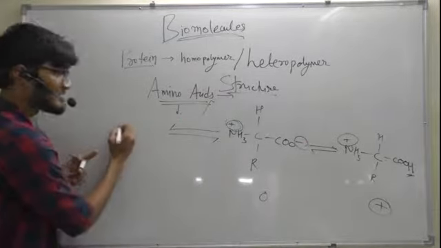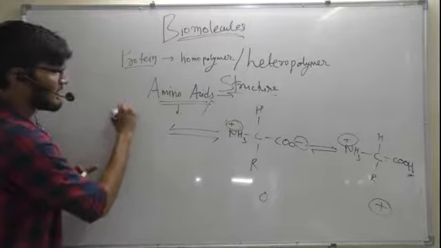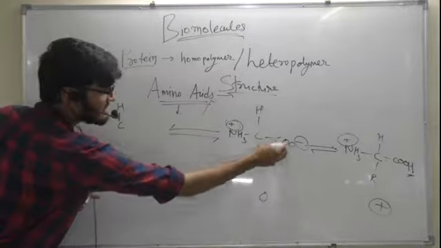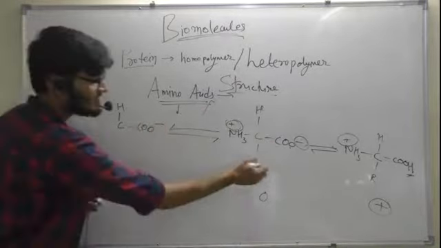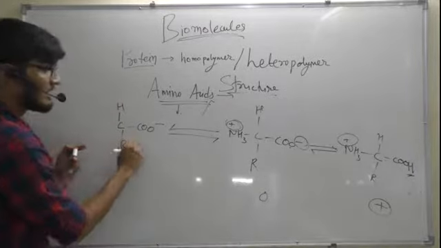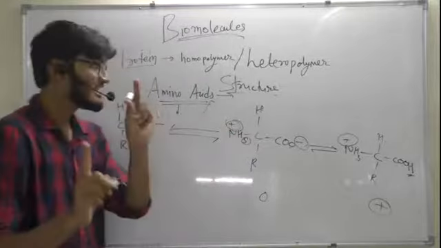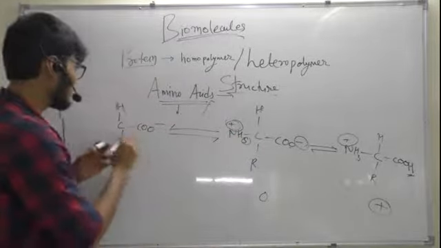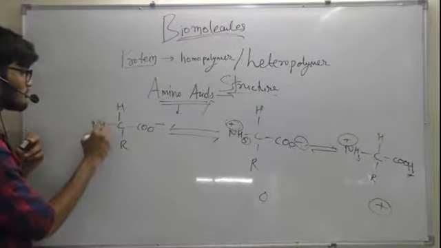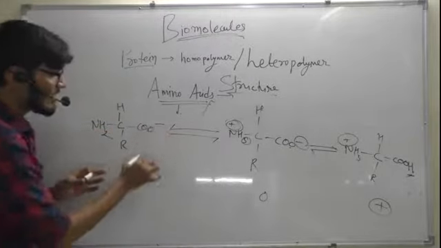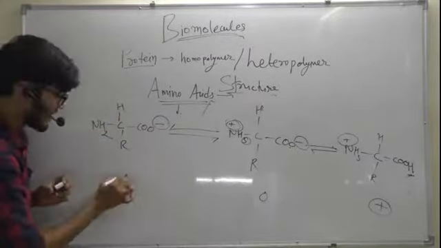So we'll see there will be a central atom C, a hydrogen, this COO minus, and the R moiety. But if this amino group loses one hydrogen, then it will lose its positive charge. So it will be converted into an NH2 amino group. So this amino acid has a net negative charge.